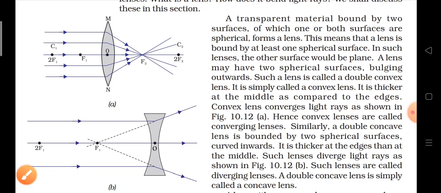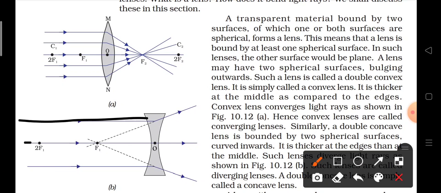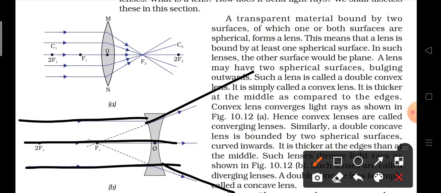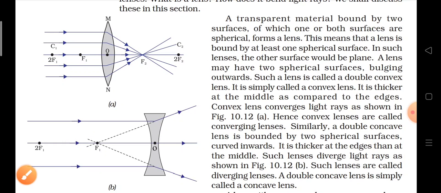In this, the light rays coming parallel to the principal axis diverge after refraction. So it is also known as a diverging lens. Concave lens is a diverging lens. Convex lens is a converging lens. Clear?